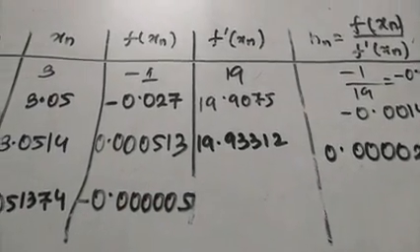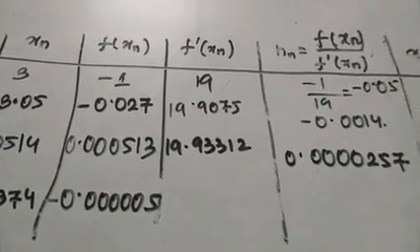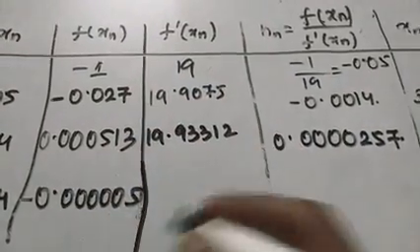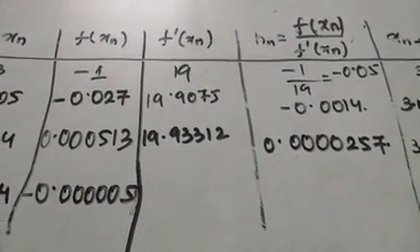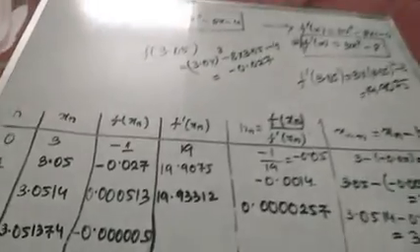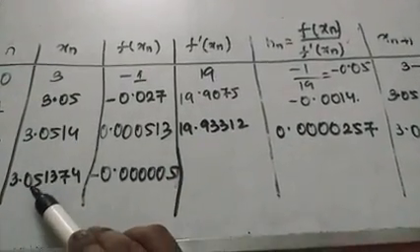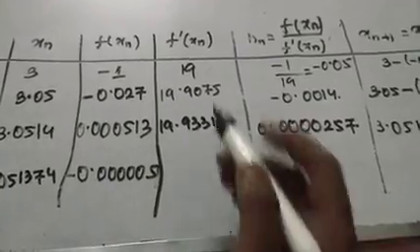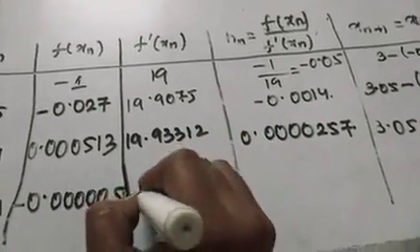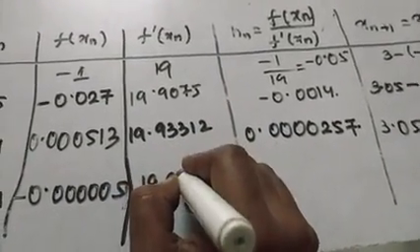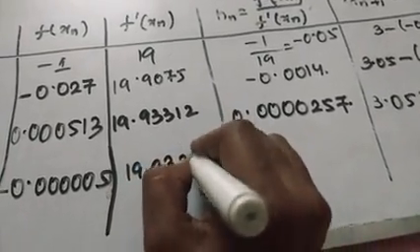F dash of xn I have just calculated previously, so I am writing directly the number. At this derivative we put 3.051374, and we will get 19.93649.